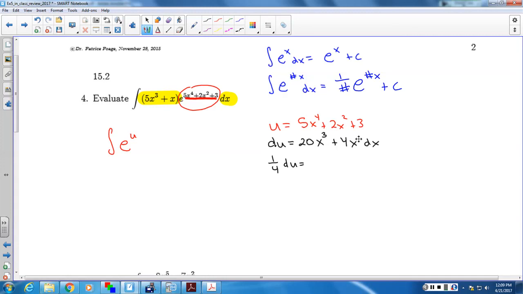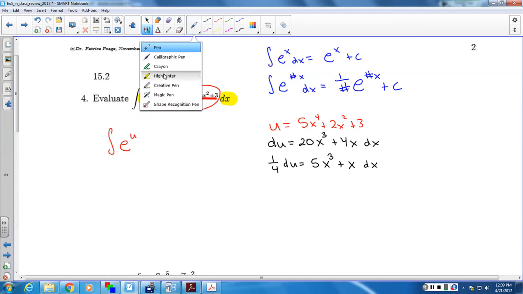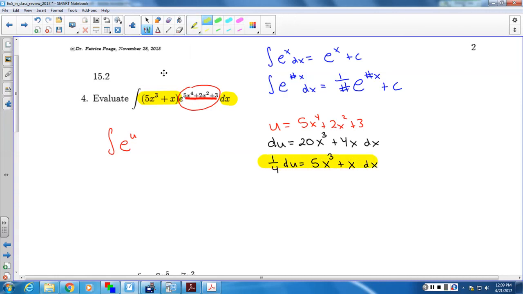So 1/4 du would be 5x cubed plus x dx, which is exactly what I needed. So I'll substitute in its place the 1/4 du. I've replaced all my x terms with u terms.